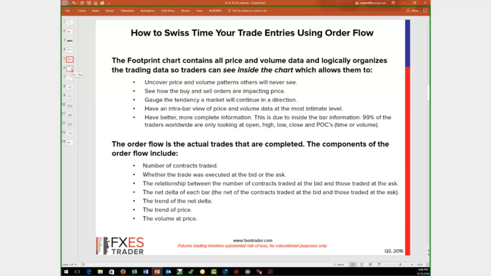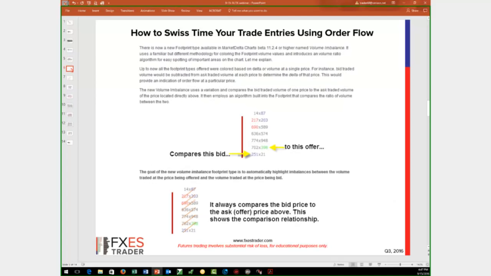The volume imbalance I get asked about the most, because it's one of the indicators that helps you cut through all the minutiae on the footprint chart. So let's talk a little about that. In version 11.2.4 and higher of the Market Delta software, they brought in an indicator called the volume imbalance. It uses a familiar but different methodology for coloring values, both red and green, to spot important areas where there may be a change or a takeover of one side or the other.